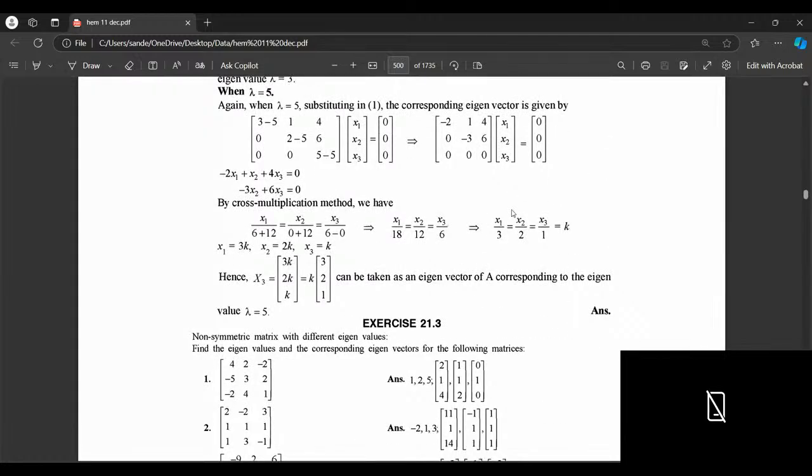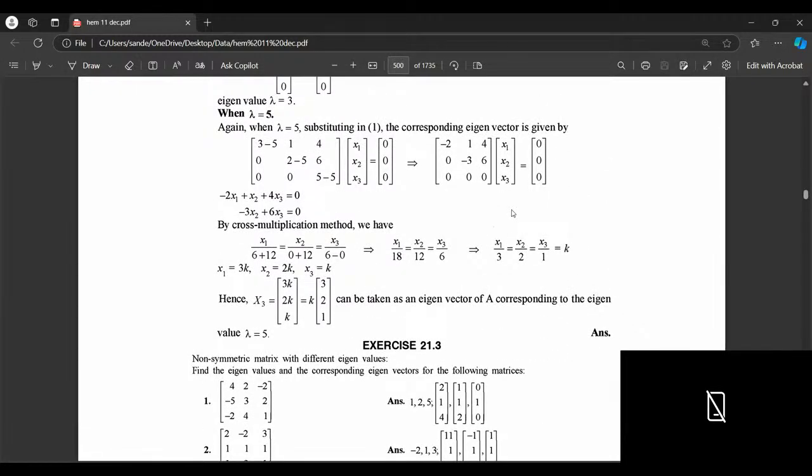Similarly, we find it for lambda equal to 5. Put lambda equal to 5. Substitute lambda equal to 5. Here the last row is 0, 0, 0.